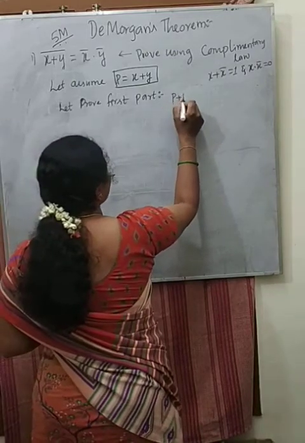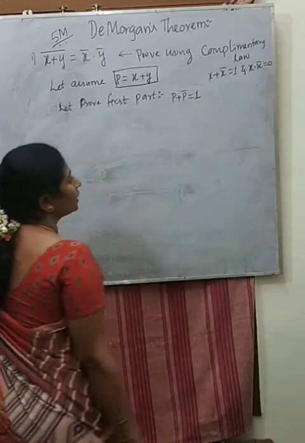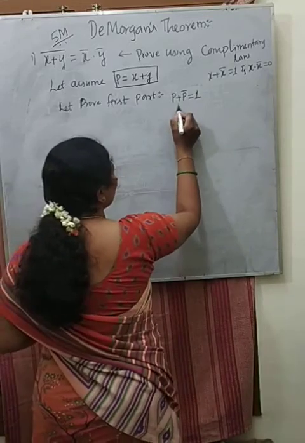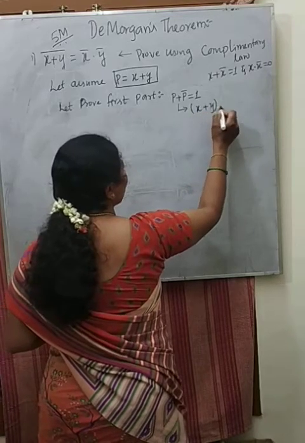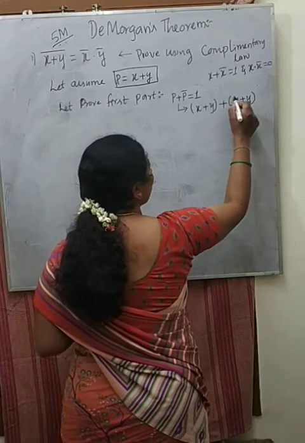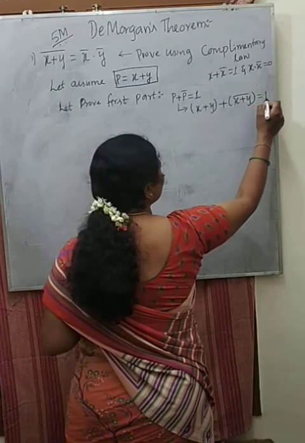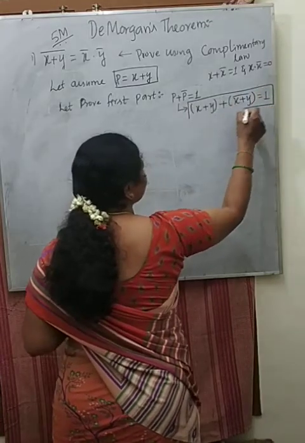P plus p complement is equal to 1. According to that, how can we write this one? (x plus y) plus (x plus y) whole complement is equal to 1. This is your first part.